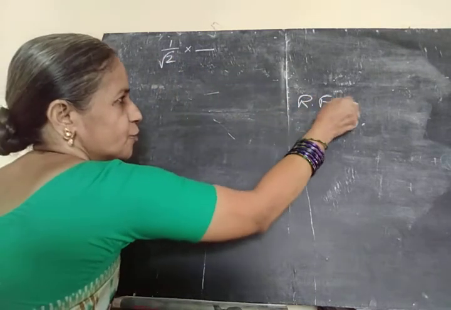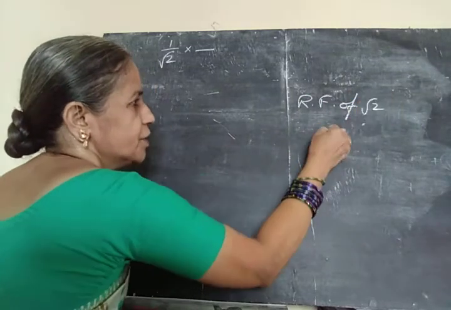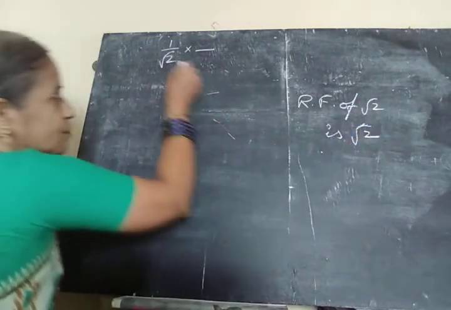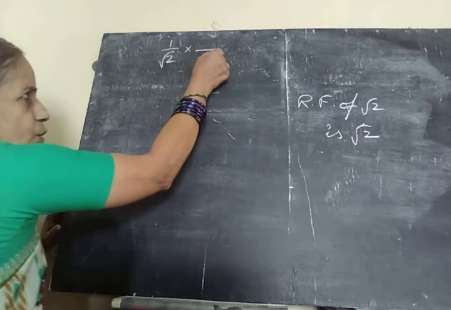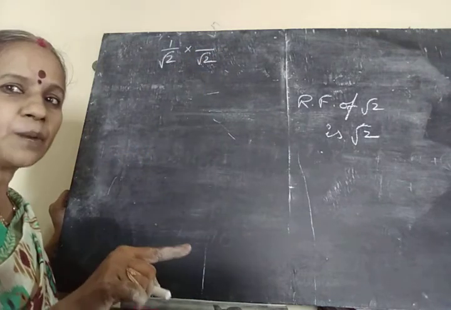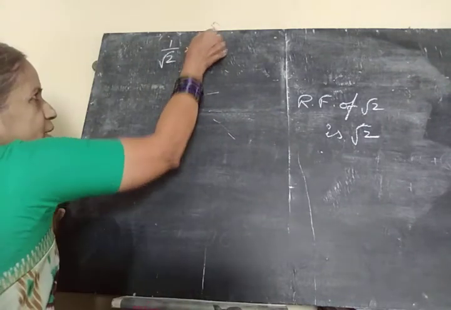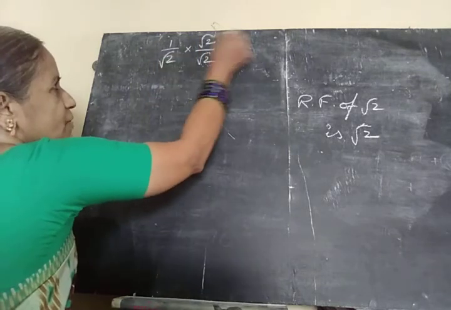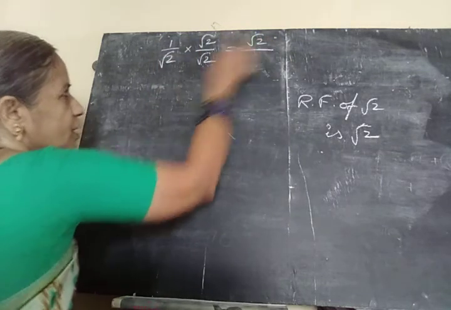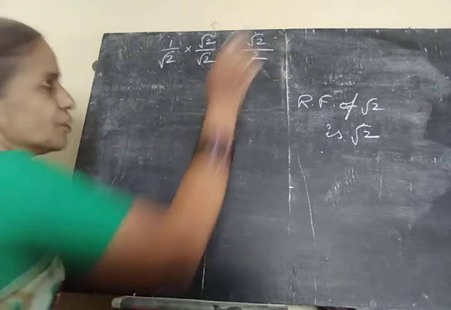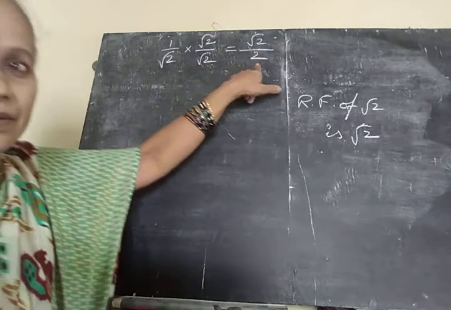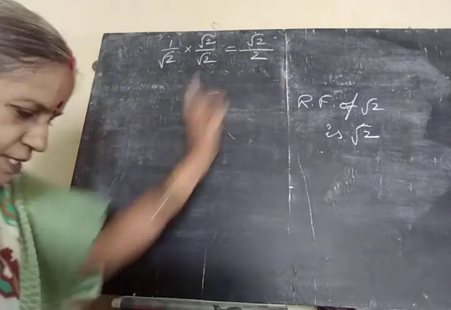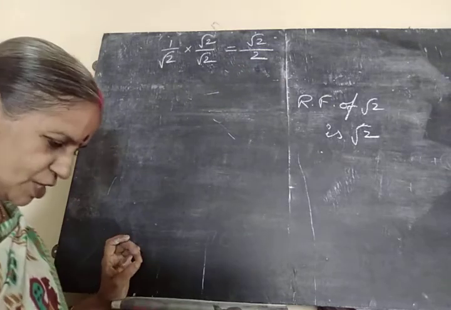So multiply the denominator by root 2, and then I have to multiply the numerator also by root 2. Then the numerator becomes 1 into root 2, root 2; the denominator root 2 into root 2 is 2. So the denominator becomes rationalized. This is rationalizing the denominator. Understood?